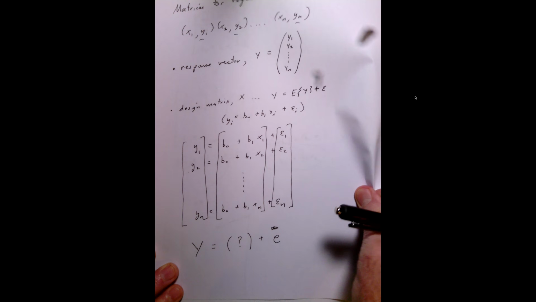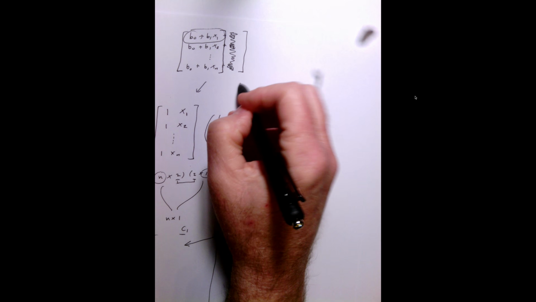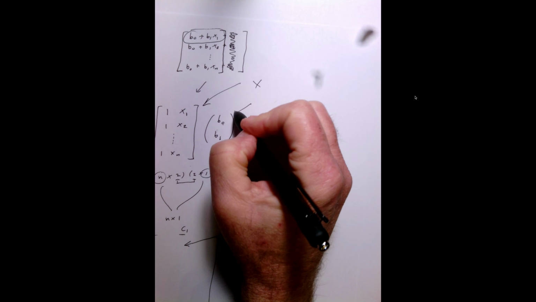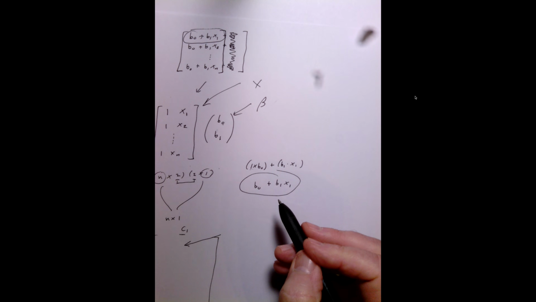All right, so going back to this, what do we really have? Let's call this right here an X. Let's just call this a beta matrix.